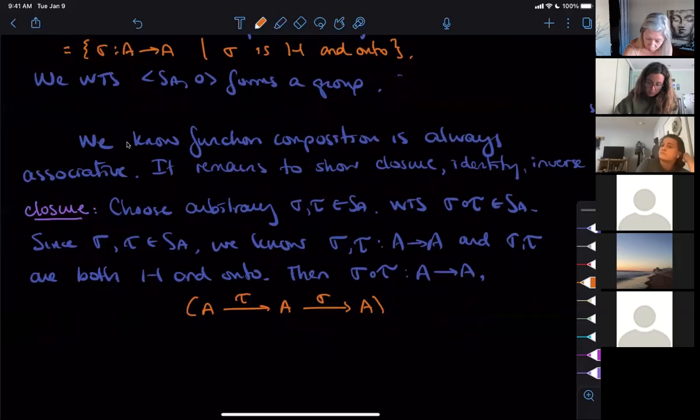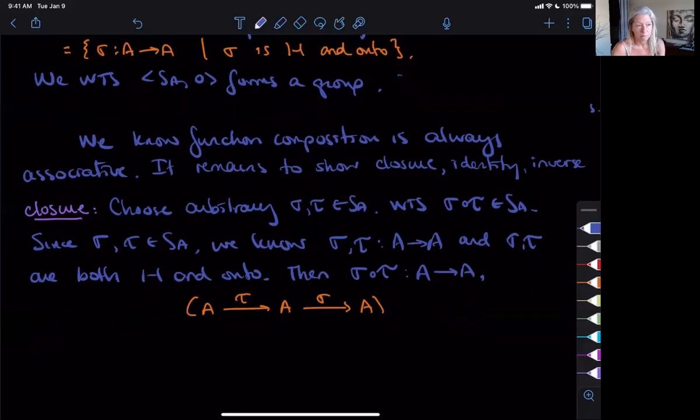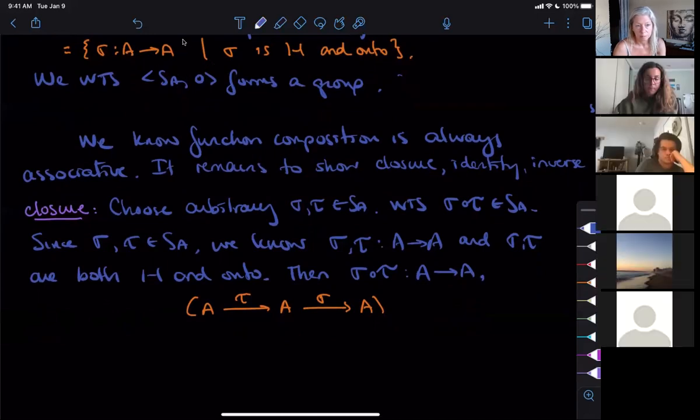Why is the composition one-to-one? Where have we seen that before? That's actually one of your quiz problems. Do you remember the first quiz you ever had? I don't remember if you had one-to-one or onto, but one of the groups had one-to-one and the other group had onto.